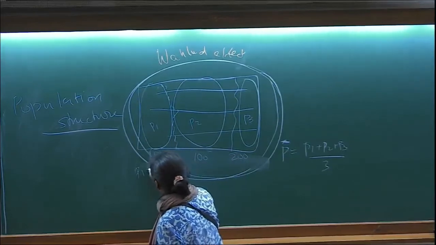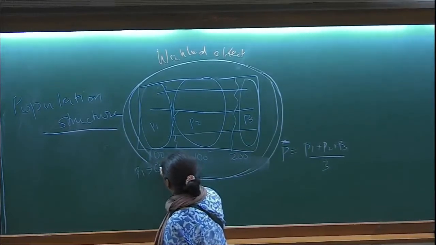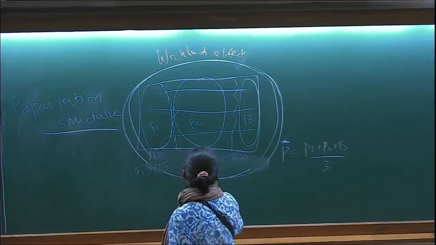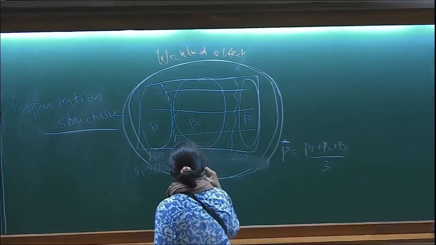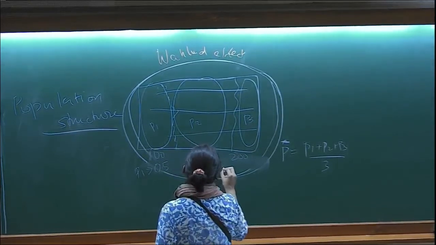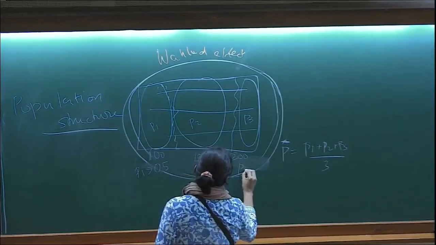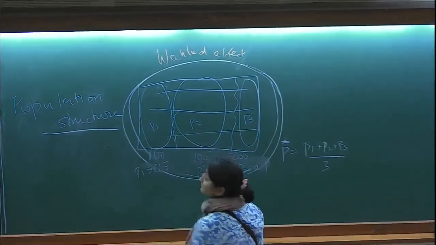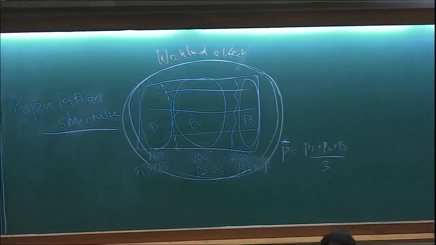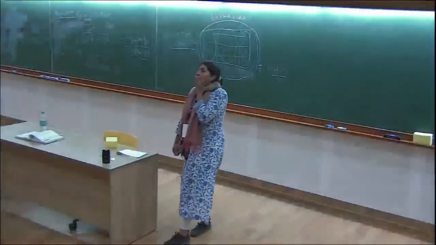P1 is 0.5. I'm telling you. P2 is 0.6 and P3 is 0.1. What does that mean? That means I went to the population. I found the AAs and the ABs and the BBs.